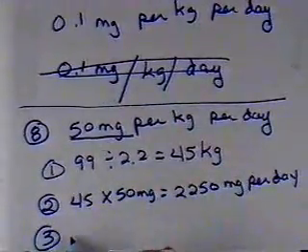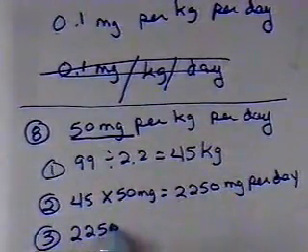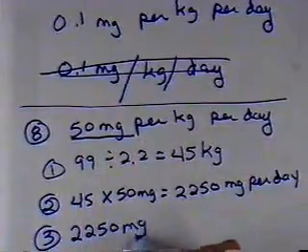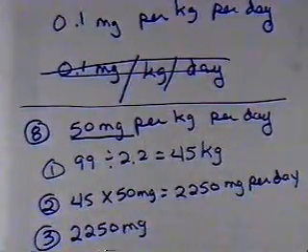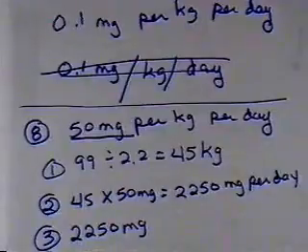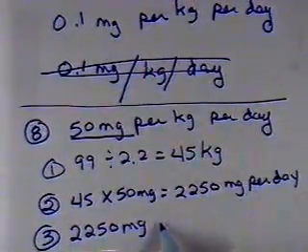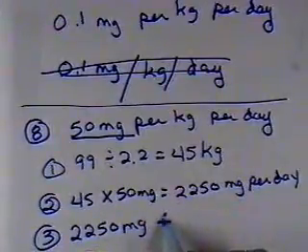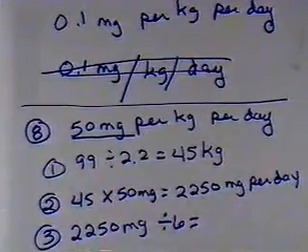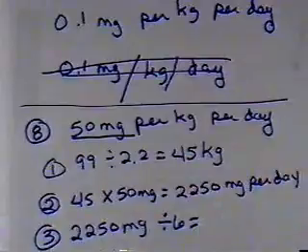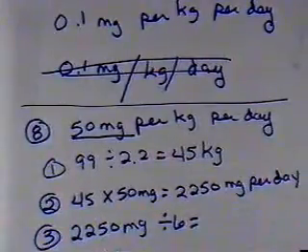And the next step is to divide by how many times a day. Given every 4 hours, so what do I have to divide by? 6. I was hoping I'd fool you, but you didn't. Every 4 hours says 6 times a day.